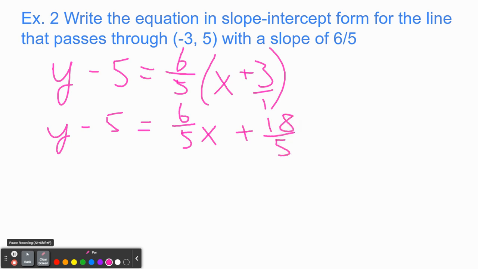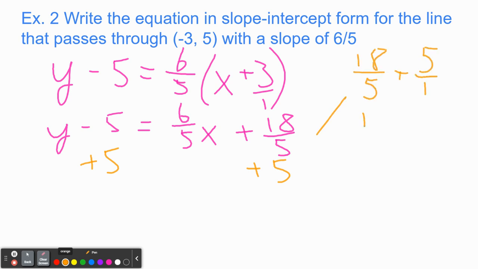I want to add 5 to both sides. If I'm adding 5 to both sides, let's see here, I have 18/5 plus 5/1. I could multiply that by 5 to keep the denominators the same. 5 times 5 is 25. 18 plus 25 is 43/5.